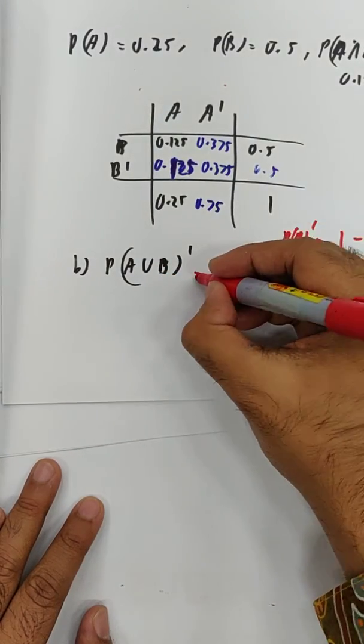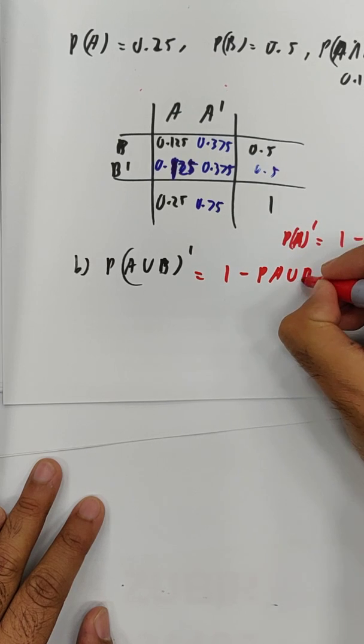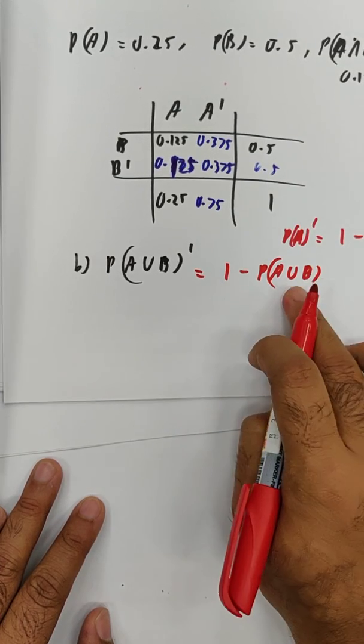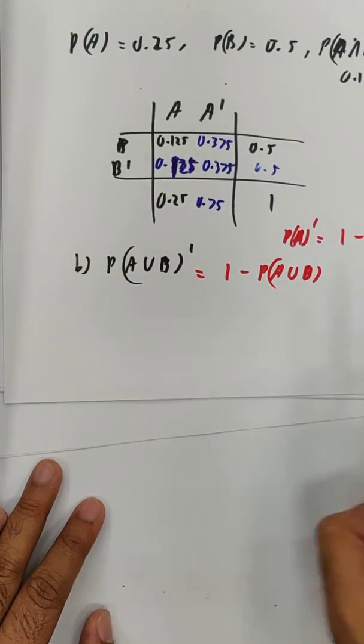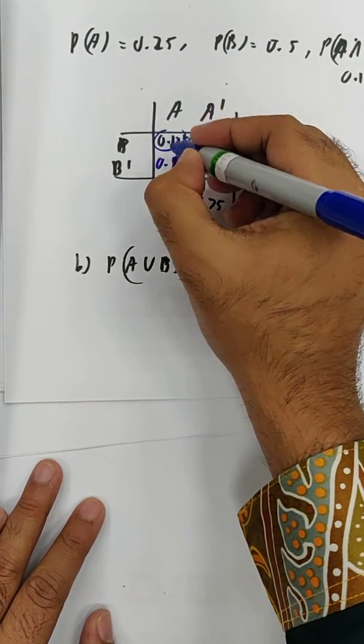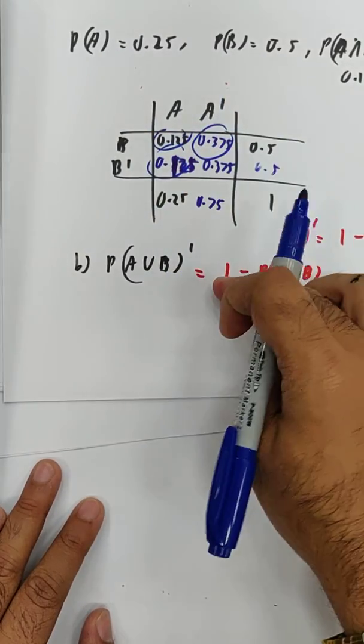So this one I can also rewrite as 1 minus P(A union B). And where is A union B? These three things, right? So you need to add these and take 1 minus those.